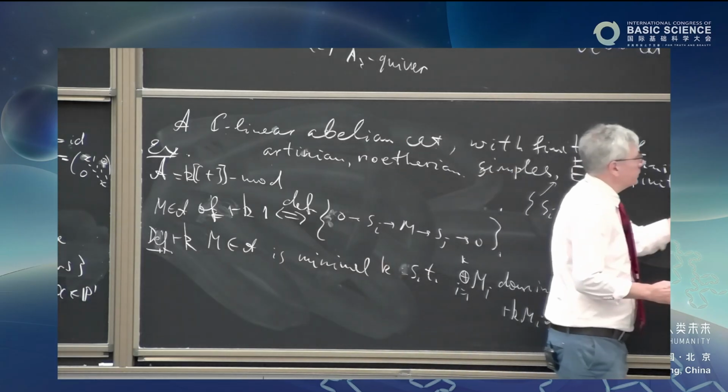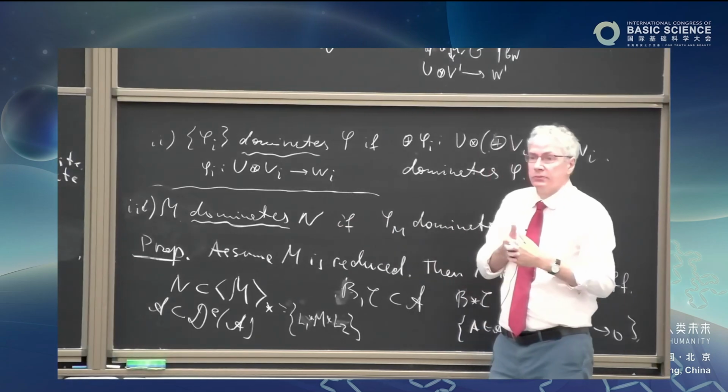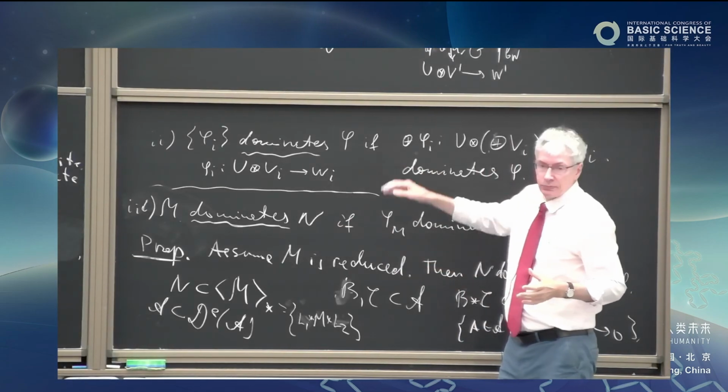So from the Kronecker quiver or generalized Kronecker quiver, we come to an arbitrary category with this property.